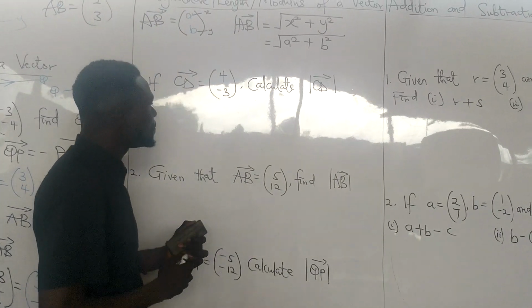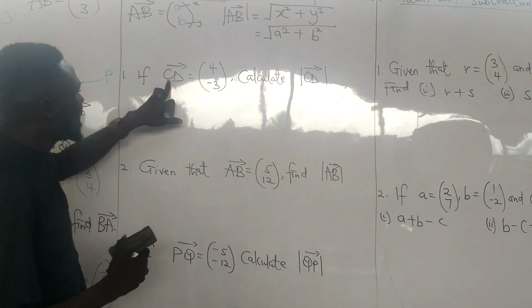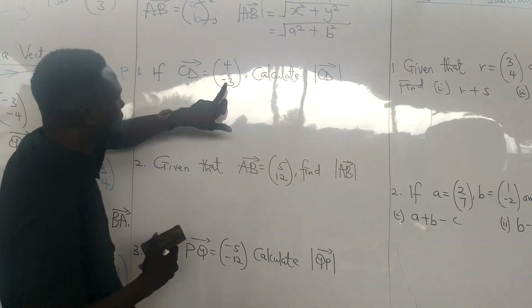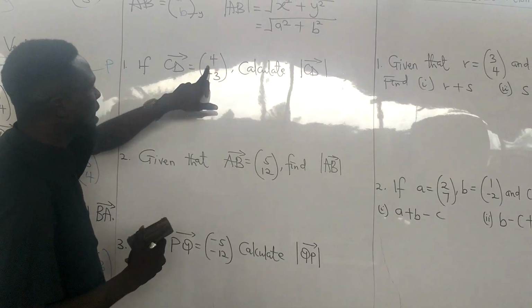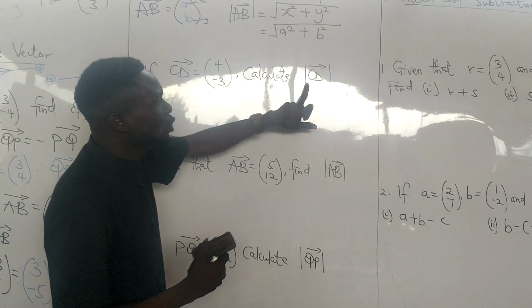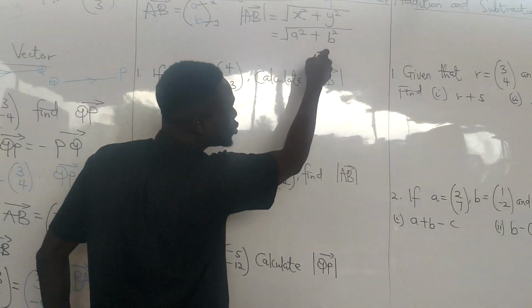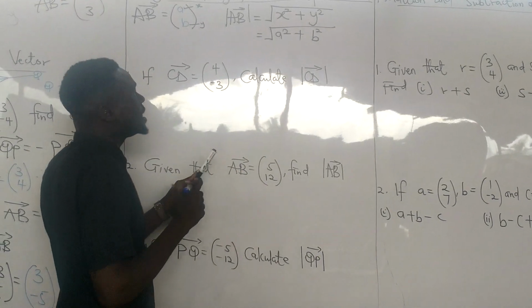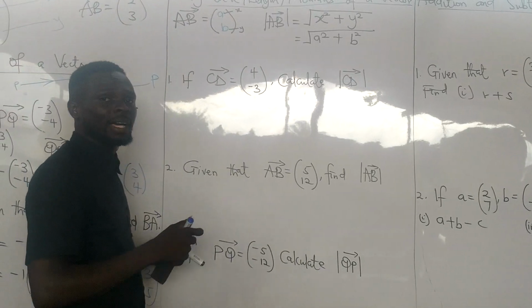So let's take the first one for example. It says if the vector CD is equal to 4, -3, calculate the magnitude of vector CD. Since the vector is in 2 bars, it means calculate the magnitude.